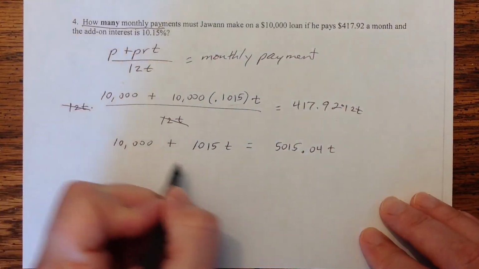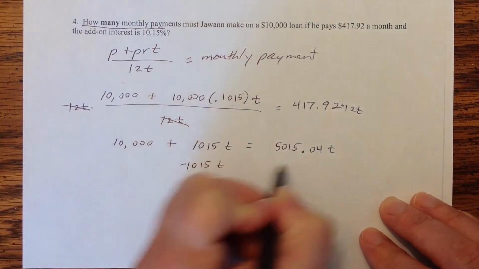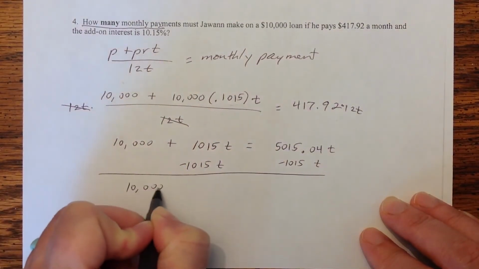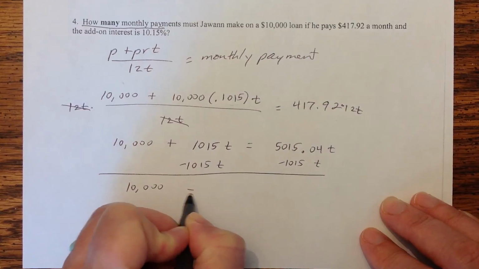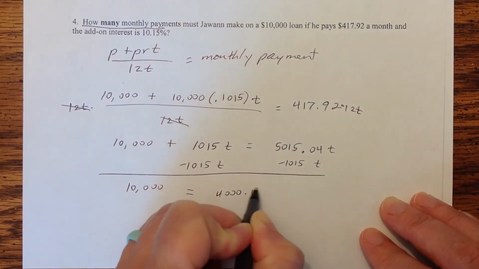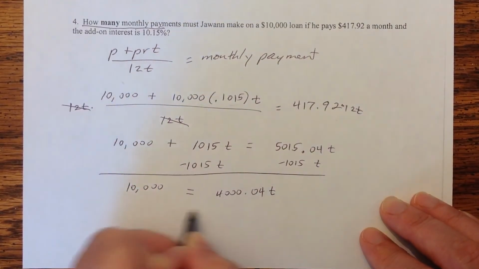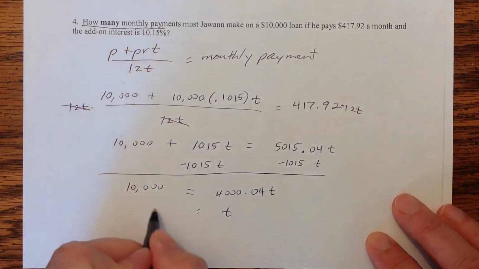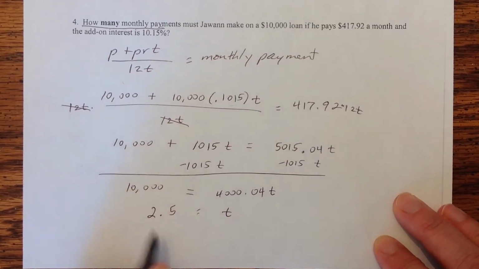To solve, I'm going to subtract 1,015T, and I get 10,000 equals 4,000.04T. I'm going to divide by 4,000.04, and I get roughly 2.5.